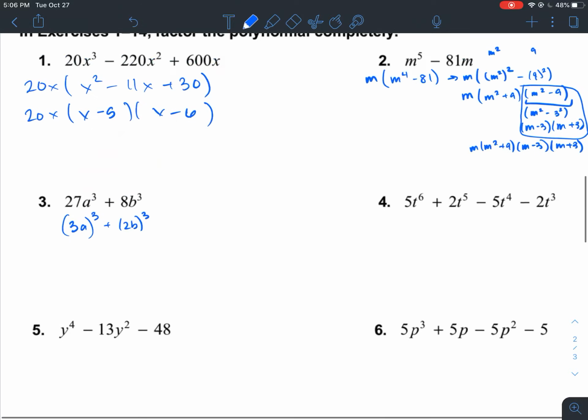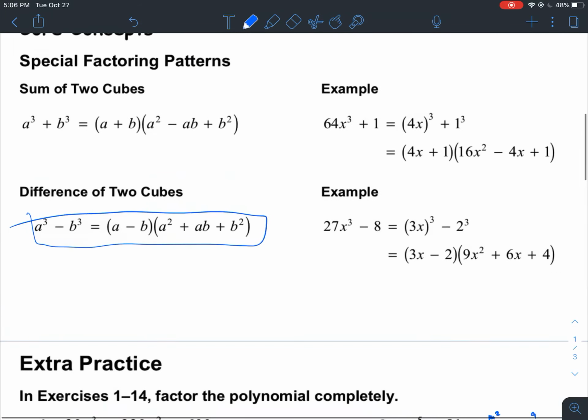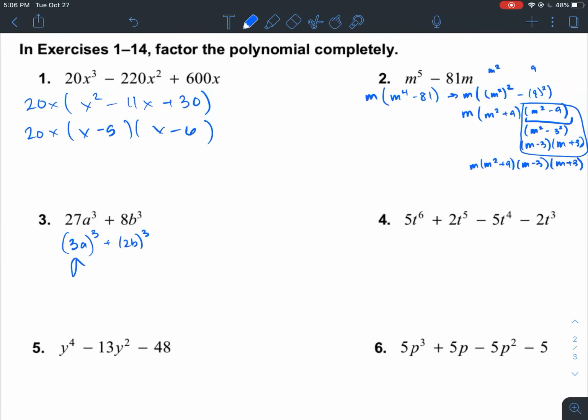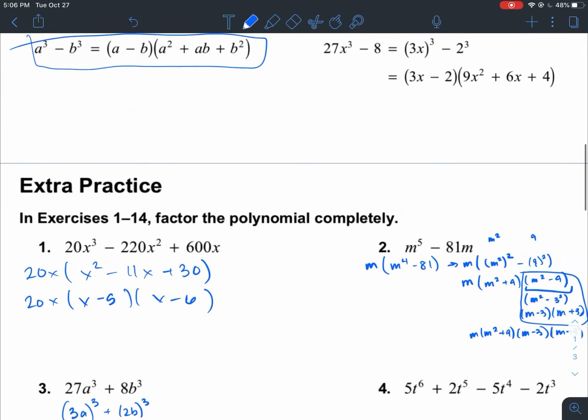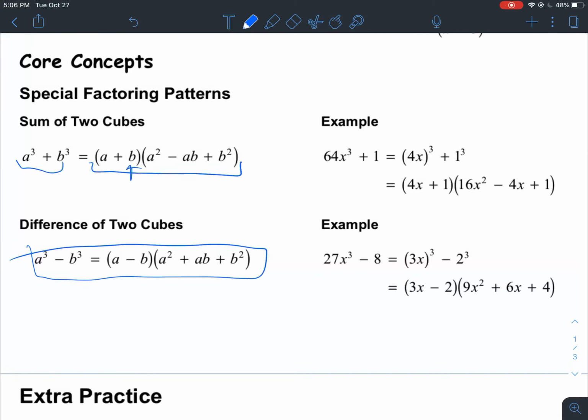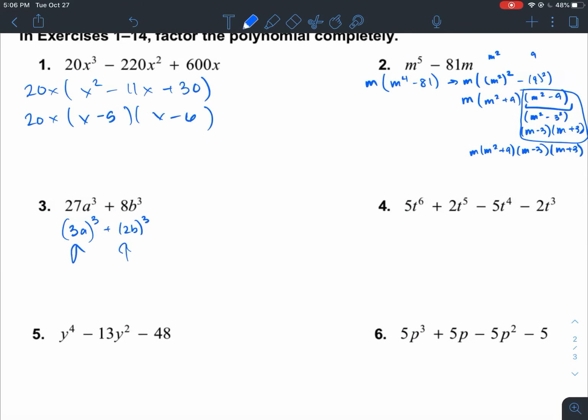So now, since I knew that, I can break this up into something that looks like that, where a is 3a and b is 2b.